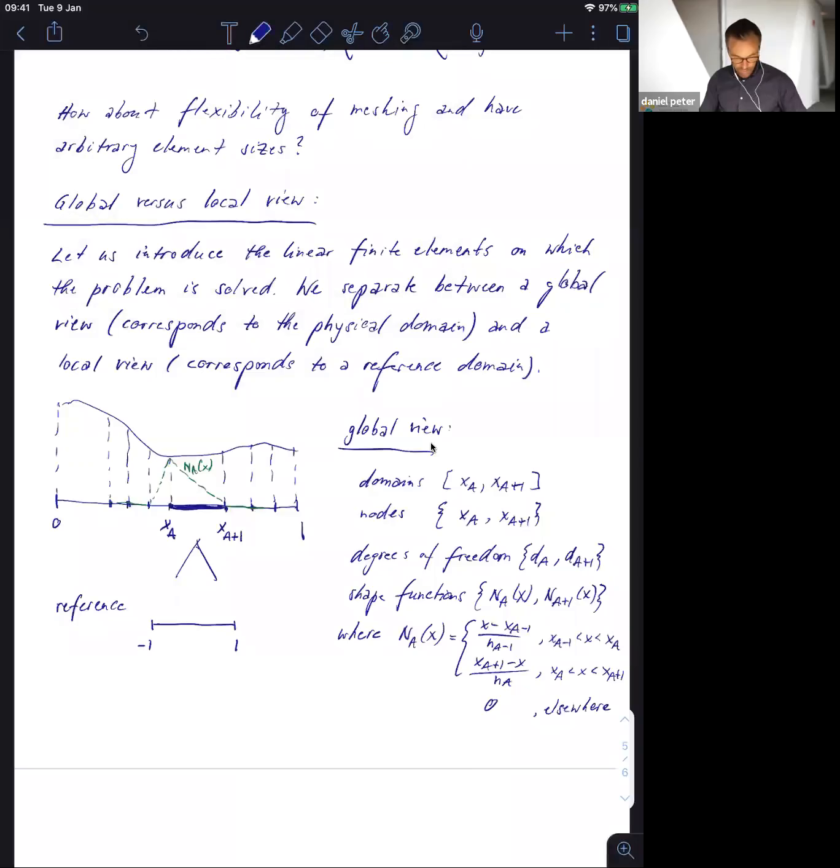So here we just wrote HA or HA minus 1. HA, for example, would be XA plus 1 minus XA, the element size.